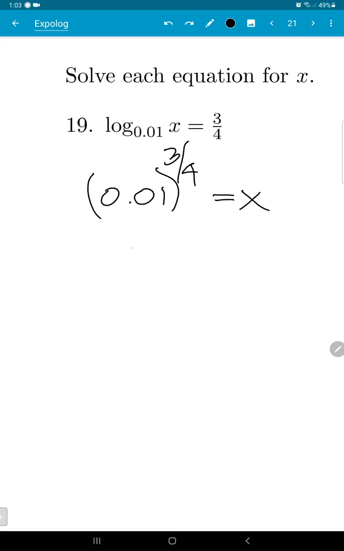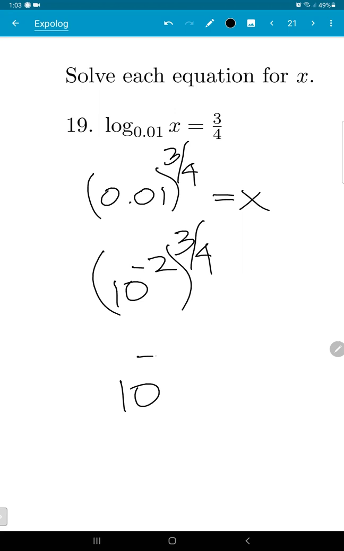Let me first write 0.01 in exponential form again. That's 10 to the negative 2, by the way, raised to 3 over 4, and by the laws of exponents, you multiply. That becomes 10 to the negative 3 over 2.